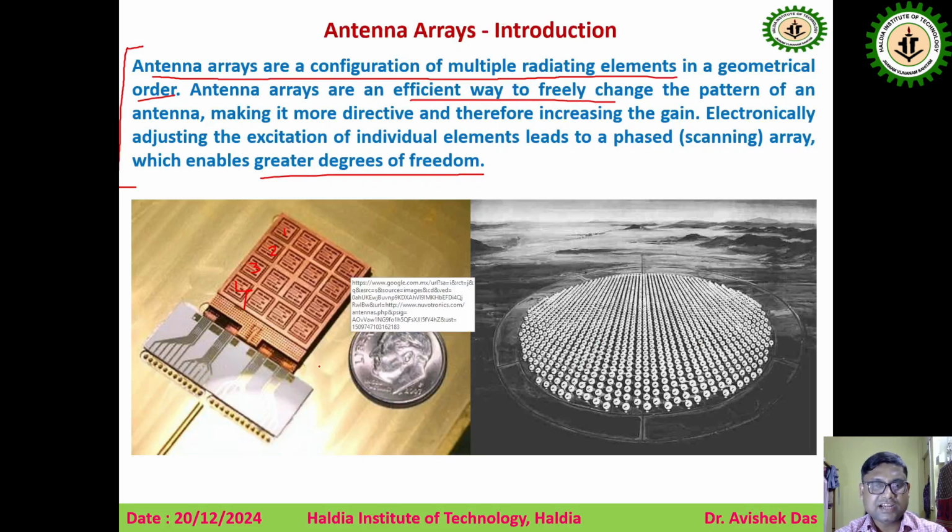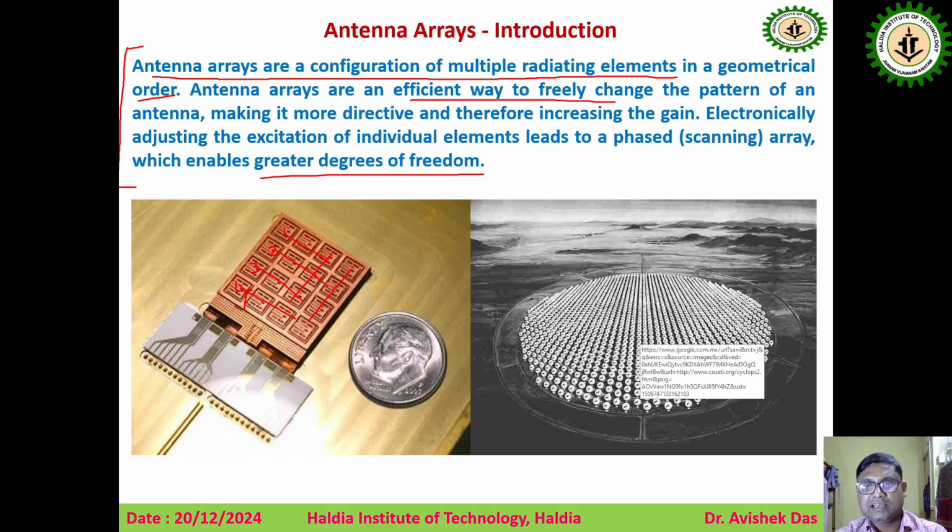This one is figure 1. So, we can see a number of antenna elements placed together forming an antenna array. But here it is a planar antenna array where this one is the first column, this one is the second column, this one is the third column, this one is the fourth column. Similarly, there are several rows and several columns and it forms a rectangular array.